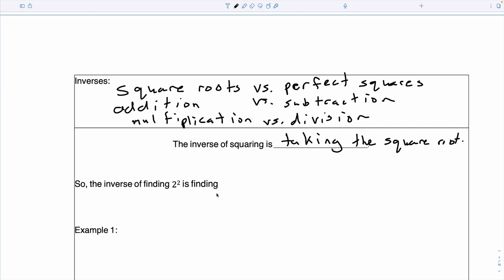The inverse of finding 2 squared is finding the square root of 4. The inverse of finding 2 to the second is finding the square root of 4.